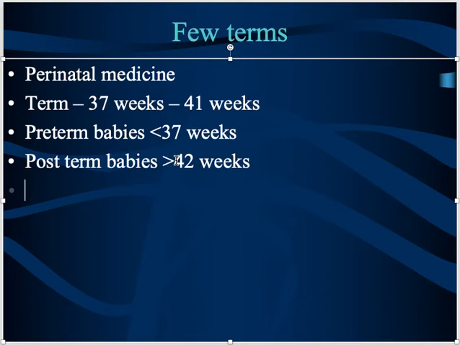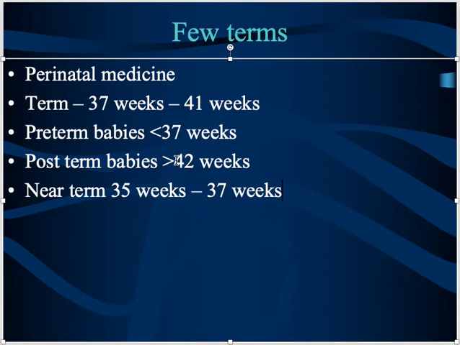There is one more term which I would like to explain here, which is called near-term babies. Near term is the babies who are born between 35 weeks to 37 weeks. We call them preterm because any babies who are born at 34 weeks or less, their lungs are not mature.